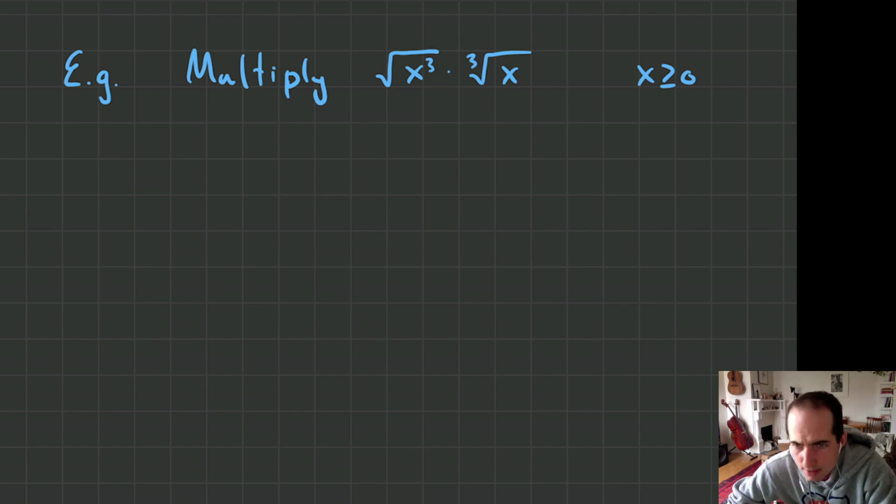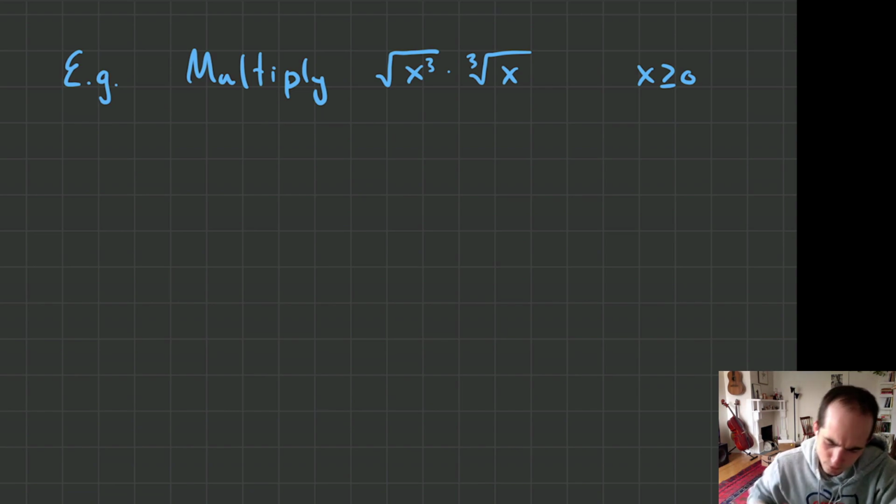Okay, so let's multiply this. Now, this is going to be a little bit tricky because we've got an issue, right? This is a square root, and this is a cube root. So what we're gonna do is turn these into fractional exponents.